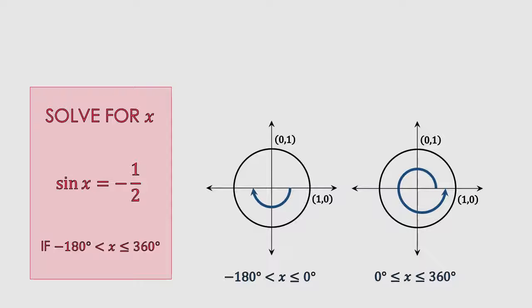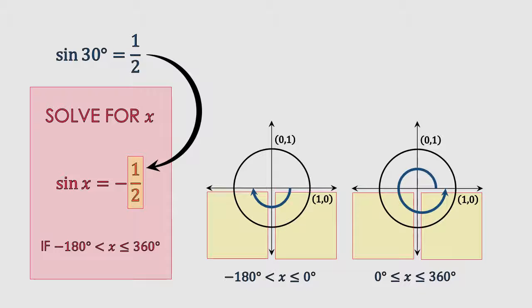Since sine is negative, we focus our attention on the third and fourth quadrants. The absolute value of the ratio half is the sine of the acute angle 30 degrees, the base angle, which we keep ready on the quadrants of interest.